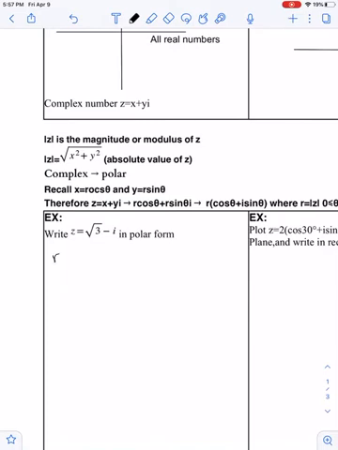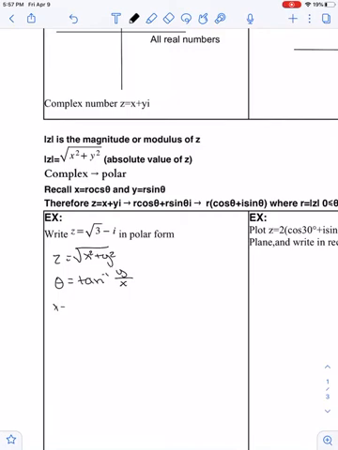We used this before, but now it's going to be in z, and these formulas are written above as well. So we're going to use z equals the square root of x squared plus y squared, and theta equals tan inverse y over x.